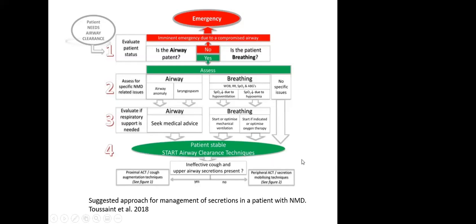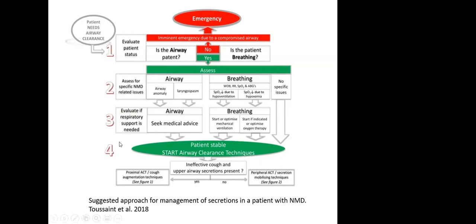So if this person started on NIV in ED and beginning to stabilise, then that will be really helpful. We might need to allow some time for stabilisation. We might need to talk to the MDT and determine what is the biggest problem here, whether actually clearing some secretions is going to optimise ventilation as well.